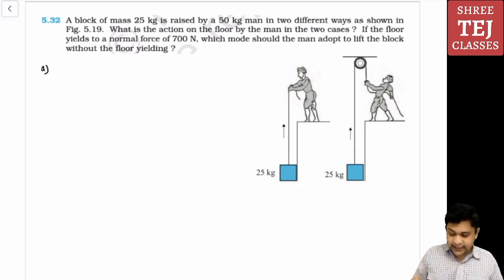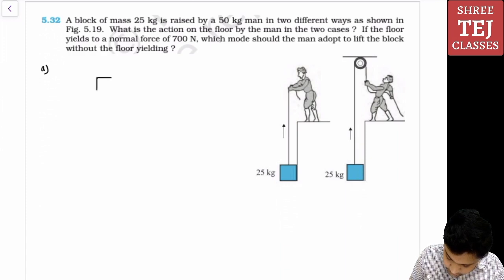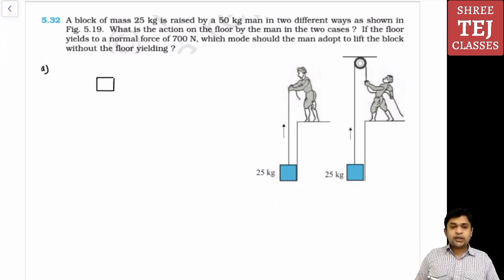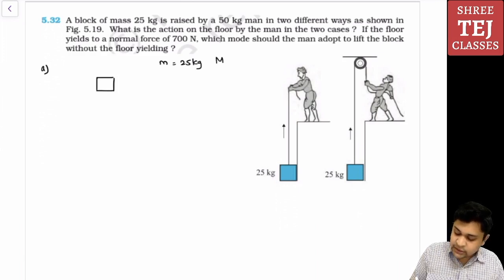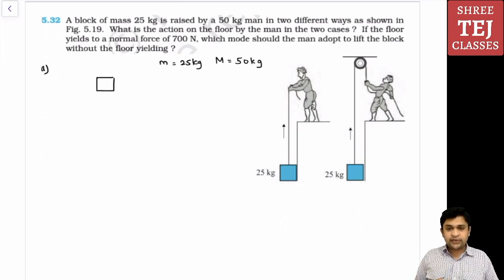So let us consider case A. Because the man is not moving, we will balance all the forces acting on the man. So let us draw free body diagram of the man. Small m is block of mass, that is 25 kg, and big M is mass of man, that is 50 kg.